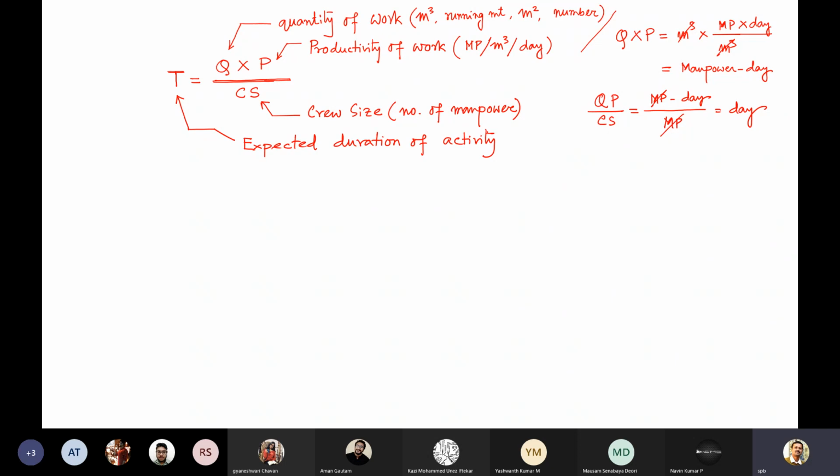So if I increase the Q size, the effect is that T is going to decrease. Definitely, if I provide 10 manpower instead of 5 manpower, things will be done within half the duration. Okay.